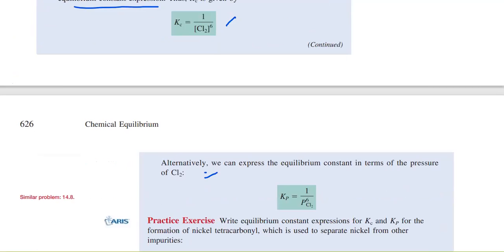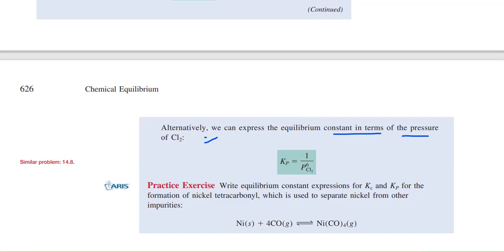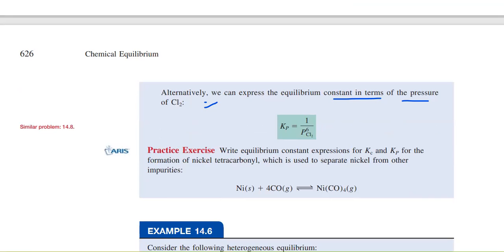Alternatively, we can express the equilibrium constant in terms of pressure as 1 by partial pressure of Cl2 power 6. Another question: write the equilibrium constant expression Kc and Kp for the formation of nickel tetracarbonyl, which is used to separate nickel from other impurities. In this case, nickel is a solid and the remaining are gases.